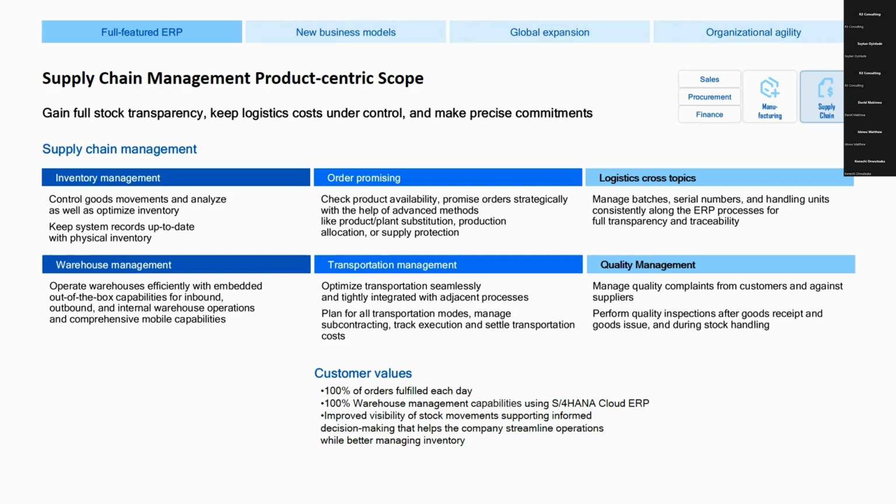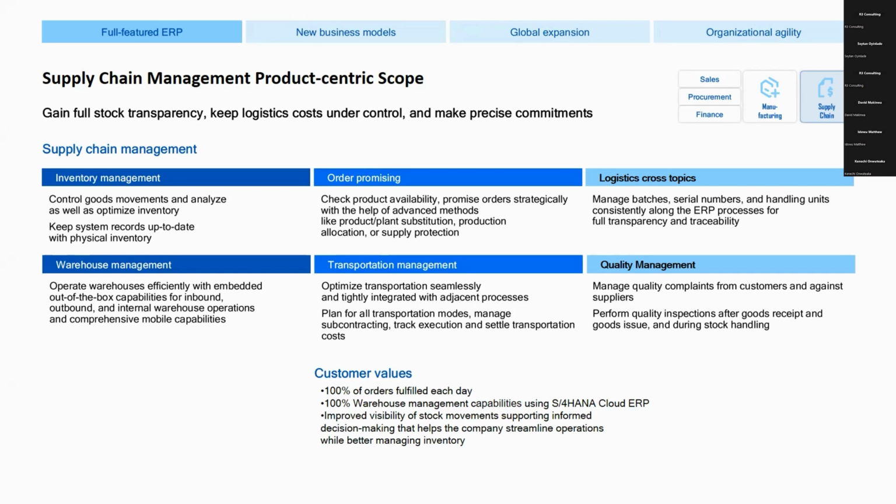It also helps you allocate production and supports supply protection. Also, the system, with its inbuilt logistics cross-topic capability, helps you manage batches, serial numbers, and handling units consistently along ERP processes for full transparency and traceability.